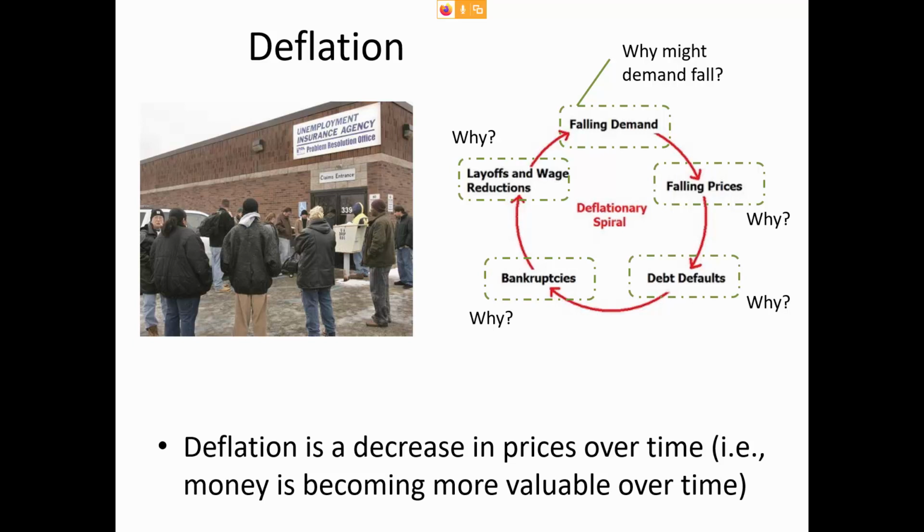It's called a deflationary spiral because this process is kind of vicious: each person who newly becomes unemployed spends less, and that suppresses demand even further.